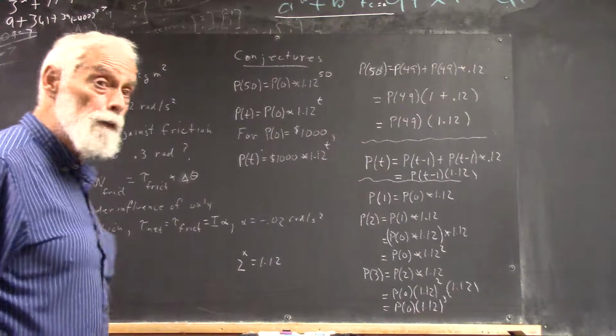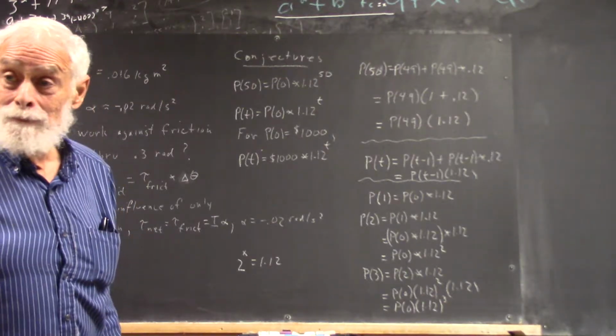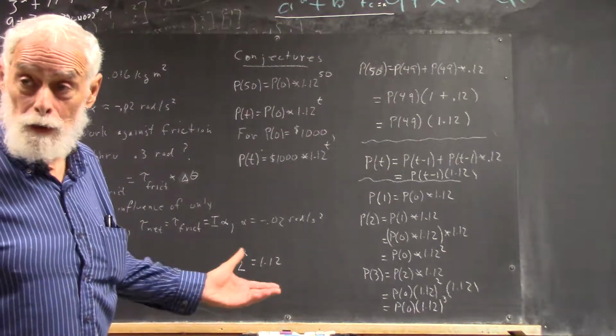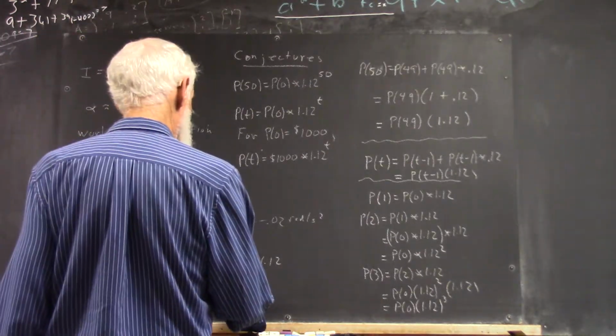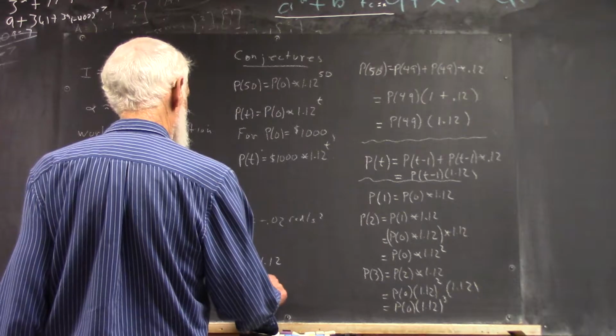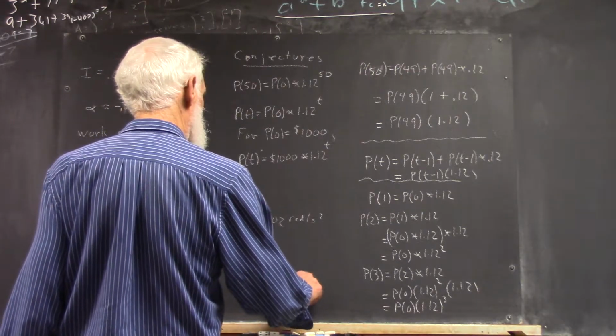Well, if you're prepared for the test, and people seem to have done pretty well with the problem involving solving log and exponential equations, you know that the solution to this is x equals log base 2 of 1.12.